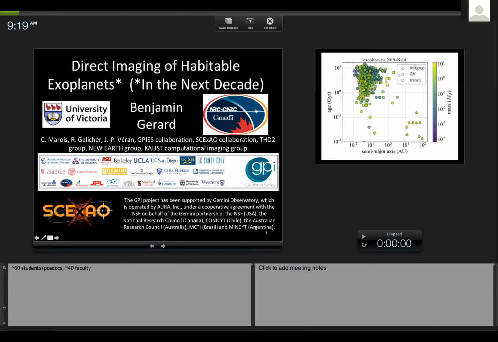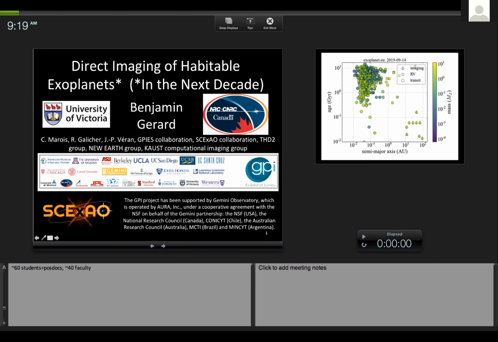All right. So here's a plot from the exoplanet.eu database as of a few months ago, showing host star age on the y-axis versus exoplanet separation on the x-axis. This is selective in choosing age on the y-axis, to only 3 methods that can measure the age of the host star.